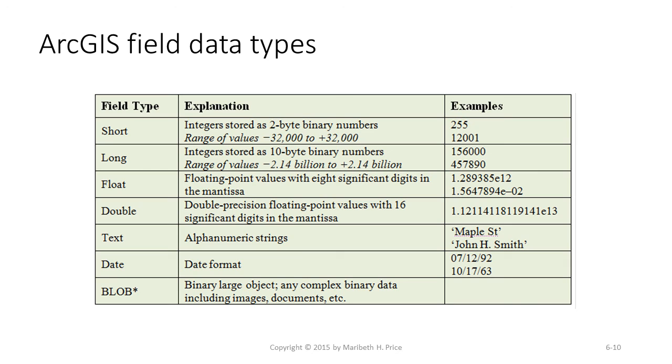If you're looking for 2-byte binary numbers or ranges of values between plus or minus 32,000, short integer. For bigger numbers, long integer. Decimals, floating point. Really big numbers with lots of significant digits, double. Text, text. Date, date, etc.